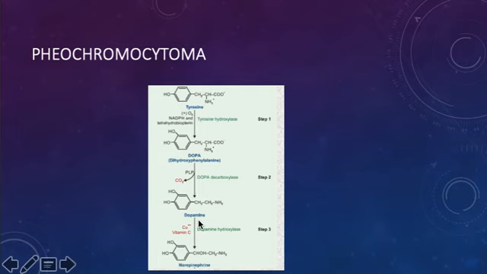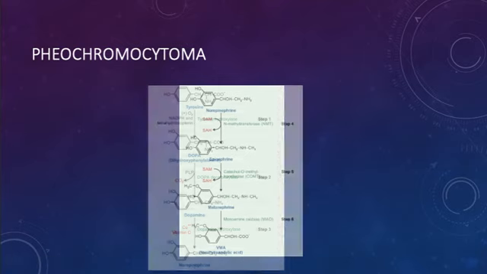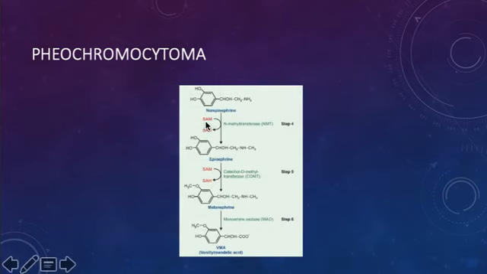Okay, now this dopamine in the presence of dopamine hydroxylase enzyme and copper and vitamin C gets converted to norepinephrine. This norepinephrine, by getting a methyl group from SAM, gets converted to epinephrine. This epinephrine gets converted to metanephrine in the presence of catechol-O-methyltransferase enzyme.